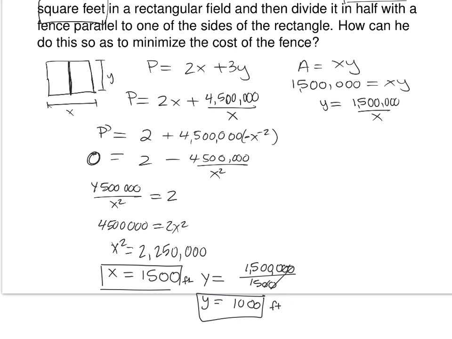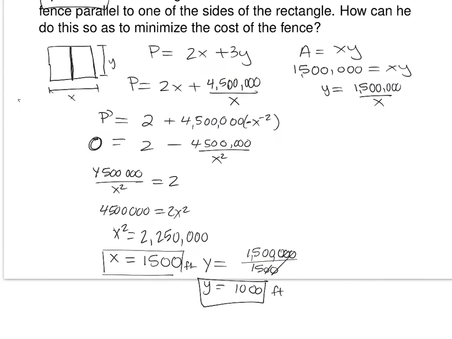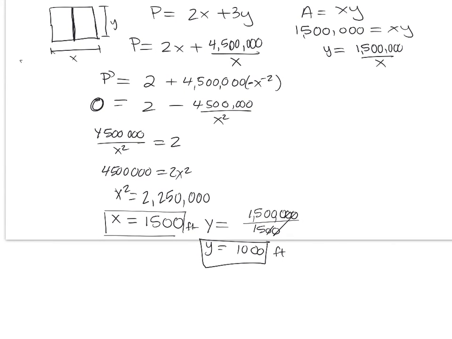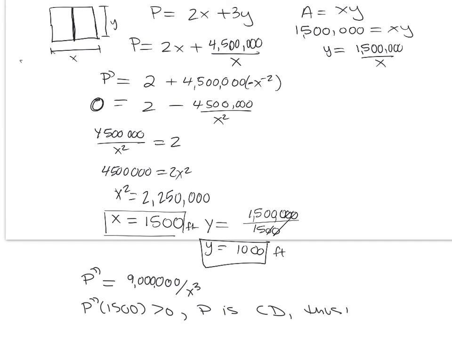And then how could you check that it was a min? Second derivative, yep. The second derivative would equal, I think, 9 million over x cubed, wouldn't it? And so p prime prime of 1,500 is positive, so p is concave up, sorry.